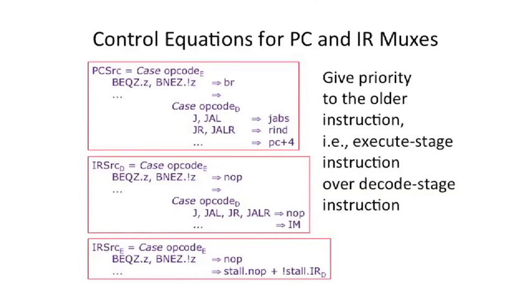A little bit of control equations here. I wanted to point out two basic things in these equations: the older instruction, the thing that's farther down the pipe, is going to get precedence over younger instructions for the control signals going down the pipe. If we look at this PC mux select, it actually has things coming out of different stages of the pipe.